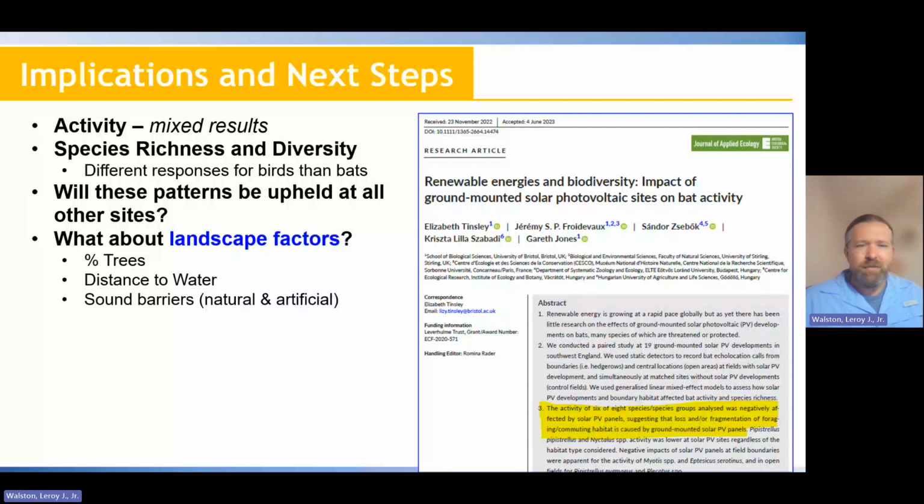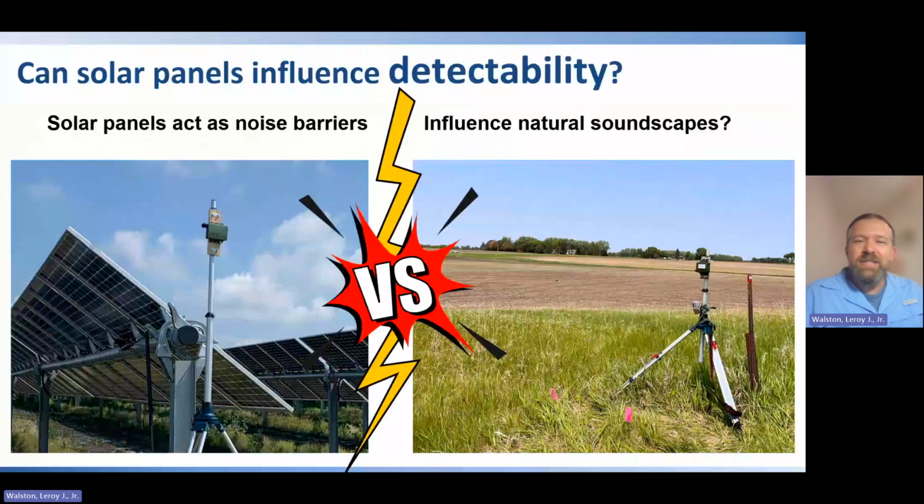And I want to talk about that factor specifically because it could be particularly influential in these research designs at solar sites. And that is the question of whether or not solar panels can influence detectability. It's known that solar panels can act as noise barriers. Studies have suggested placing them along highways, for example, to block traffic noise in nearby residential areas, right?